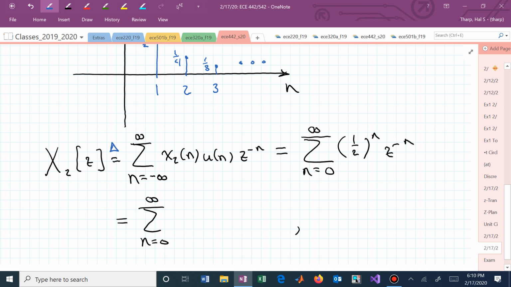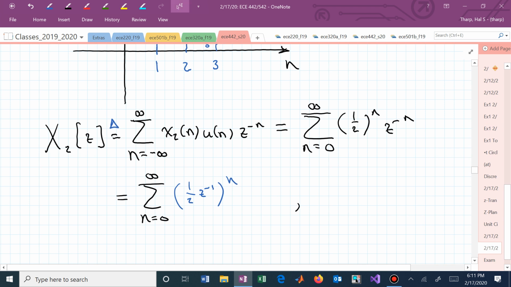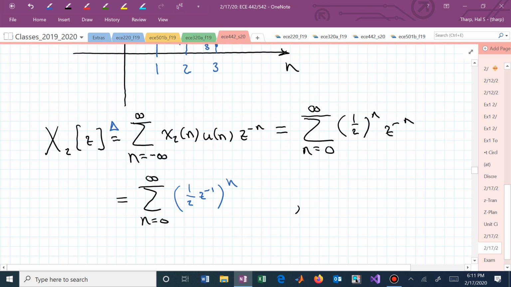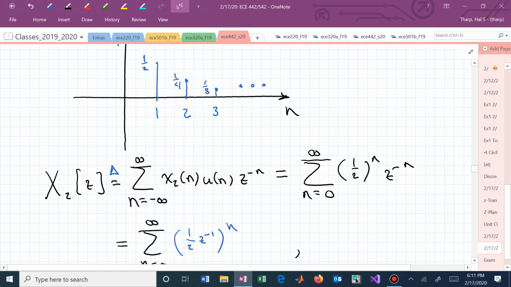We can throw out the left tail, the negative values for n, and we can now rewrite this and say, oh, this is 1/2 z to the minus 1 to the n. And when is that series going to converge? N is now positive or non-negative. You now have something that you just raised to higher and higher powers, and it's well behaved and it's collapsing, as we saw in this sketch.